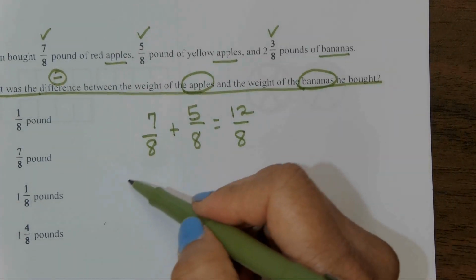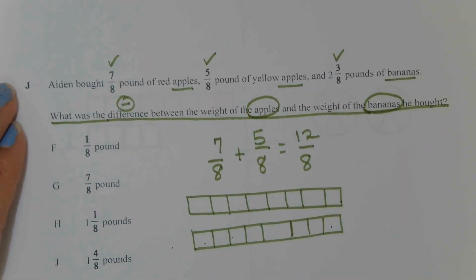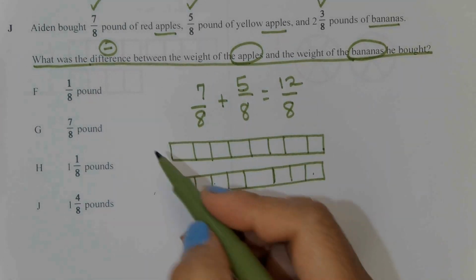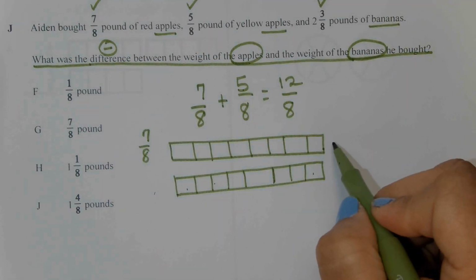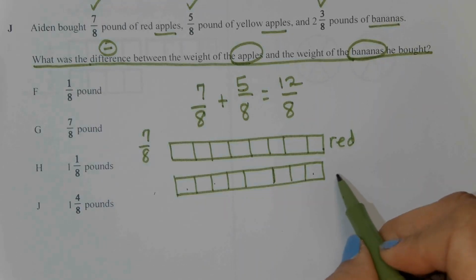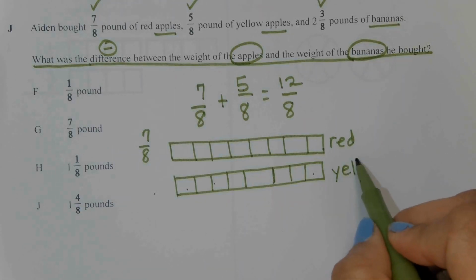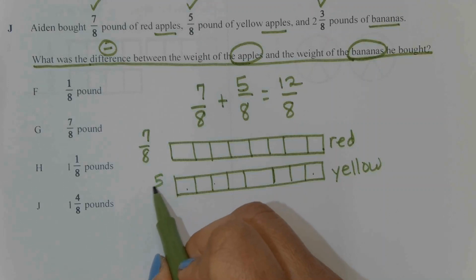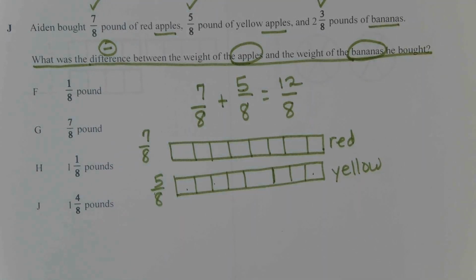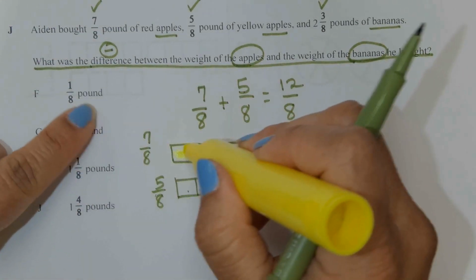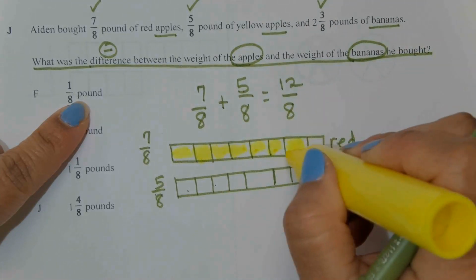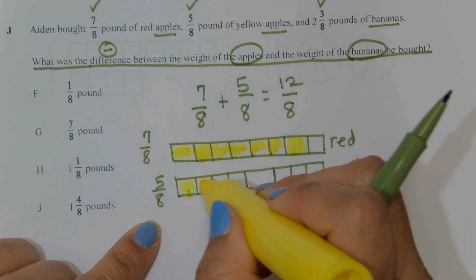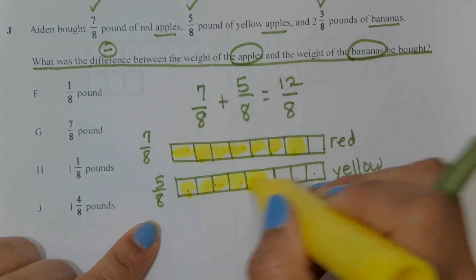So here's my model. This is 7/8 for my red apples. And these are my yellow apples, which are 5/8. So I'm going to shade in 7/8. 1, 2, 3, 4, 5, 6, 7, 8. Plus 5 over 8. 1, 2, 3, 4, 5.